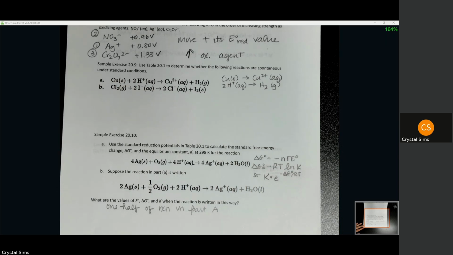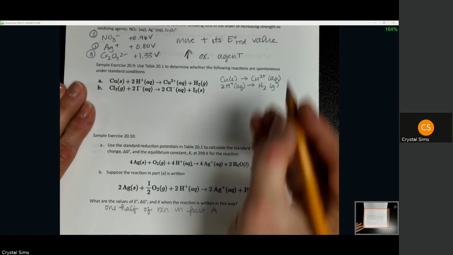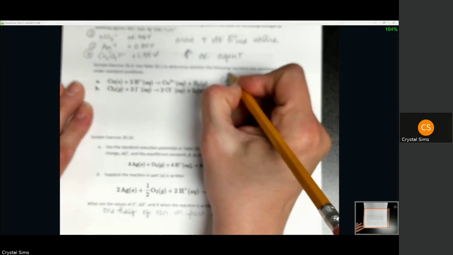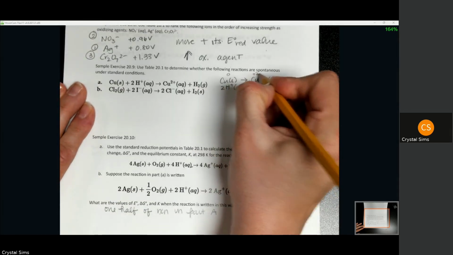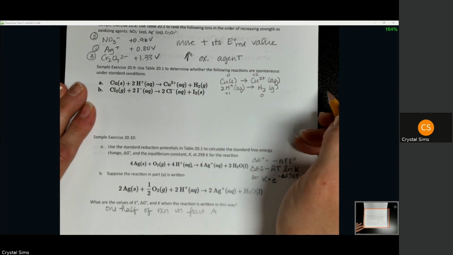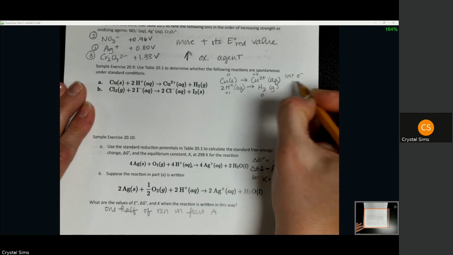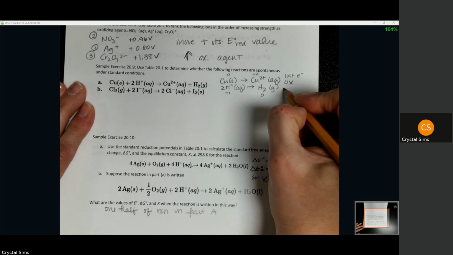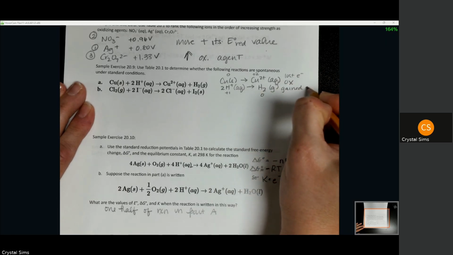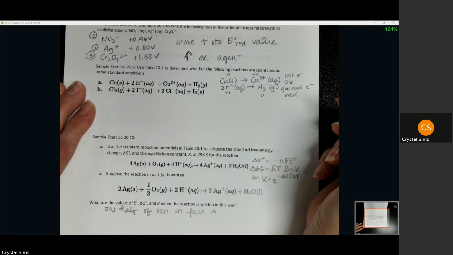I need to look at my oxidation, or my reduction potential here. So I've got to get my oxidation numbers. I go from 0 to +2, and I go from +1 to 0. So my copper has lost electrons, so it is oxidized. Hydrogen has gained electrons, so it is reduced. Then I plug that into my formula.